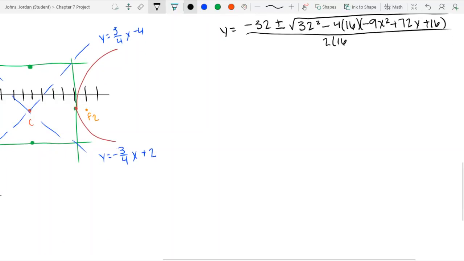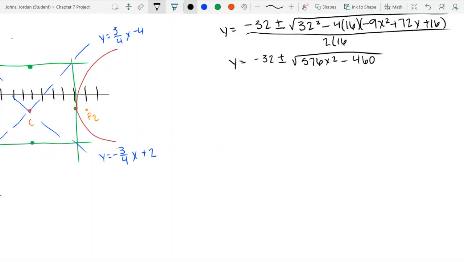If we add that all together, y equals negative 32 plus or minus the square root of 576x squared minus 4,608x, over 32.